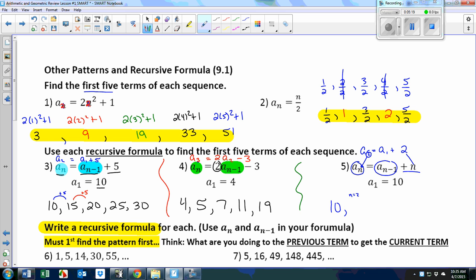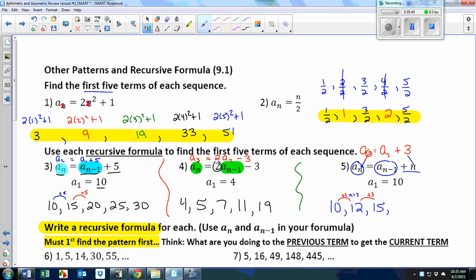Take the first, add 2, so 12. Then use 3 for n. To find a sub 3, take a sub 3 minus 1, a sub 2, the second term, and add 3. So you get 15.